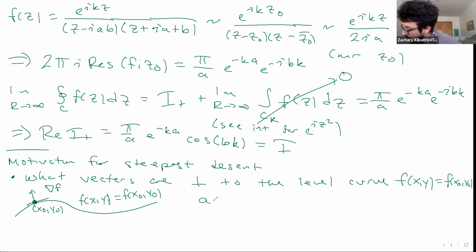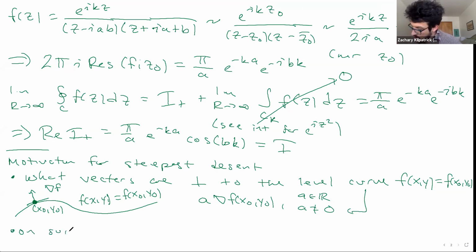So any scaling of gradient of f of x0, y0 for some non-zero scalar is going to be these perpendicular vectors to our level curve at that particular point, okay?